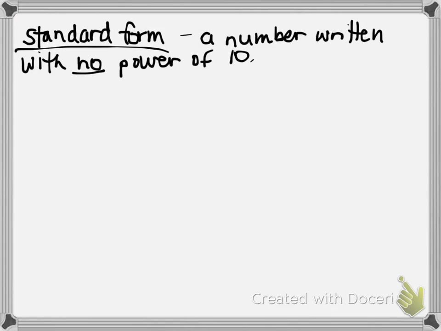So again, we're just going to focus in on positive exponents today. Tomorrow we'll talk about negative exponents. So here's our example. What if we have 3.5 times 10 to the 6th? And we want to write this in standard form.